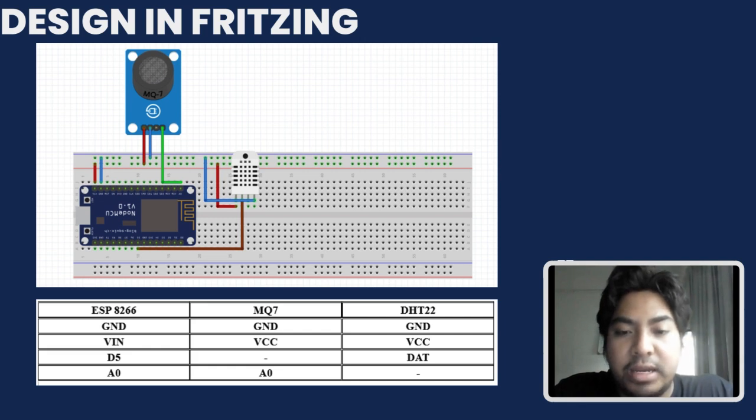And for the data, which is D5, the DHT22 data pin outputs data to D5. And last but not least, the ESP8266 analog pin is also connected to the MQ7 analog pin instead of a data pin, because the manufacturer designed the MQ7 to be read from the analog value.